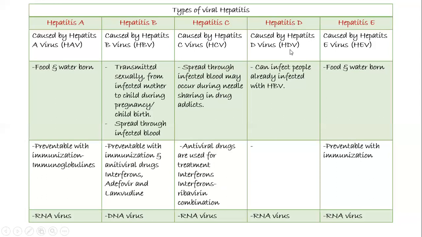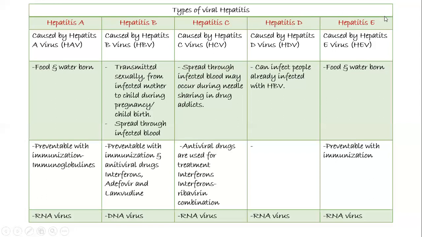Hepatitis D is caused by the hepatitis D virus, HDV. It can affect people who are already infected with HBV. As such, hepatitis D is not going to attack a person when it is alone. Hepatitis D is also an RNA virus.